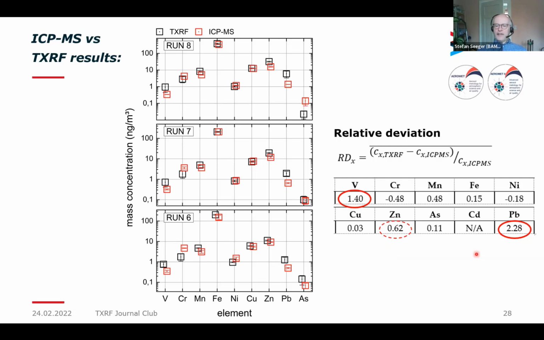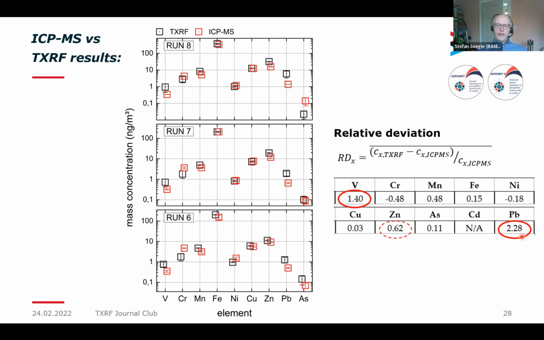You can see that for some elements it is not satisfying at all, because for instance, the separation of arsenic and lead was nearly impossible, or is not satisfying at all. So the inaccuracy of these results is clear, nothing to debate about.